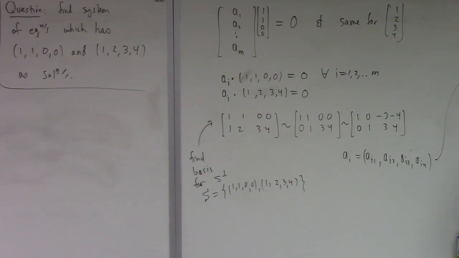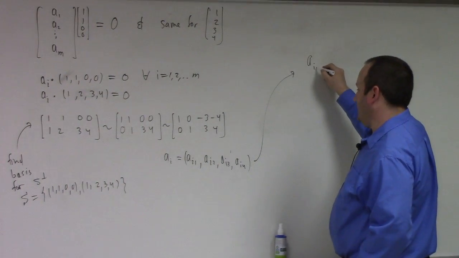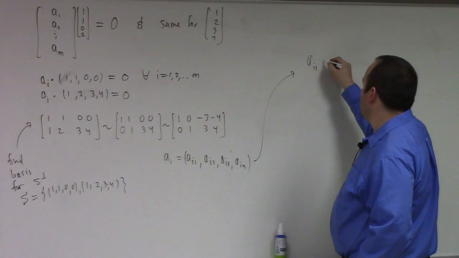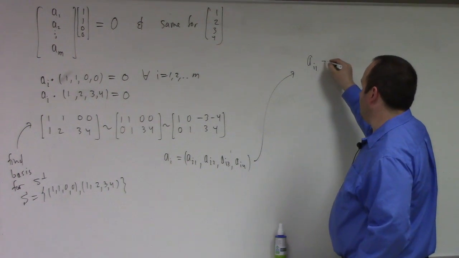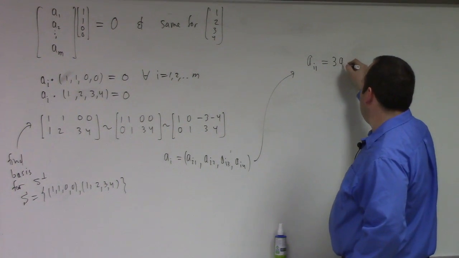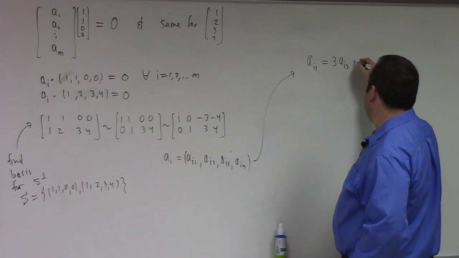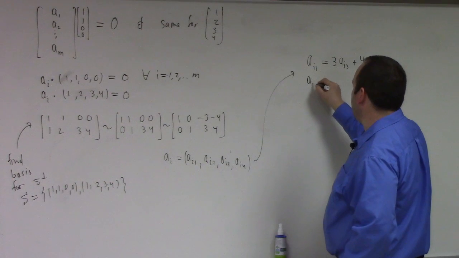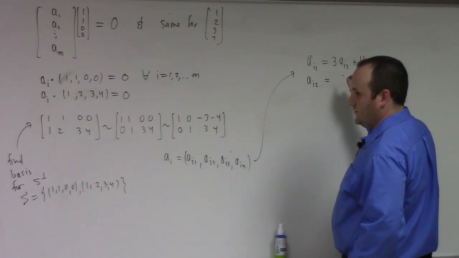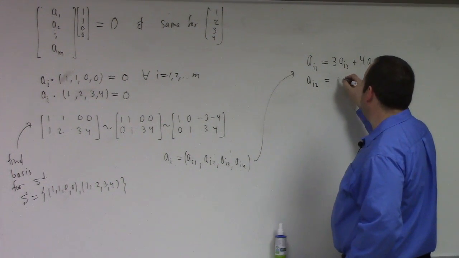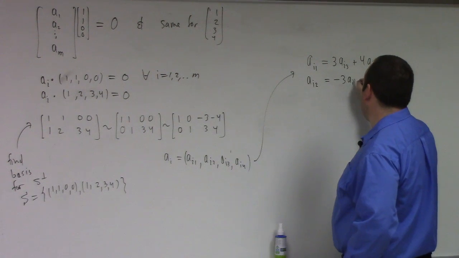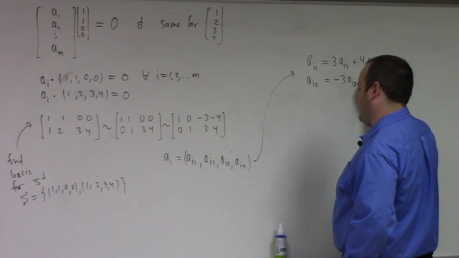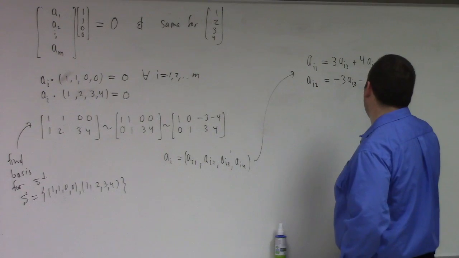We need Ai1 to equal 3 Ai3 plus 4 Ai4. And also we need Ai2 equal to minus 3 Ai3 minus 4 Ai4.